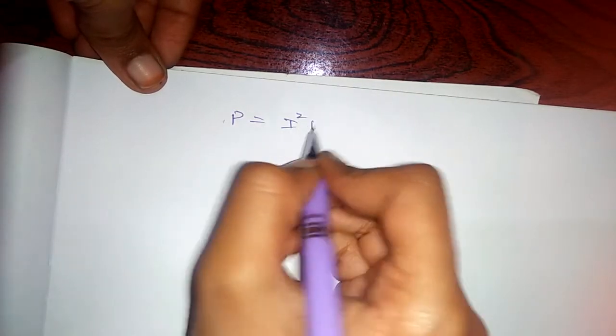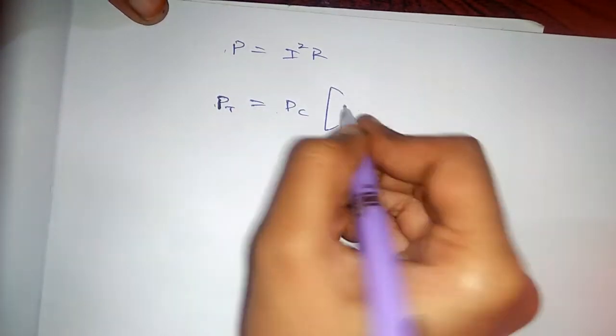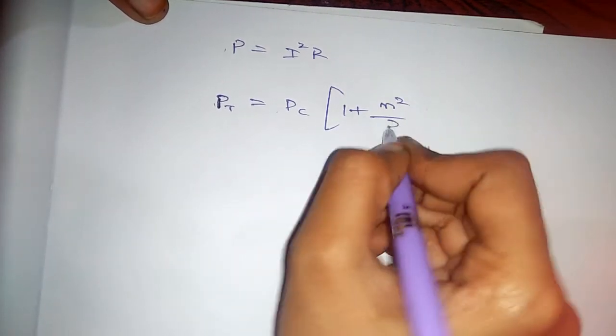In order to get the equation in terms of currents, P = I square R. So PT = Pc of (1 + m square by 2) gives IT square R = Ic square R (1 + m square by 2).